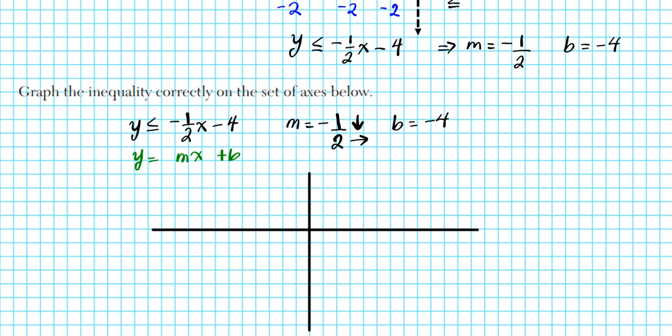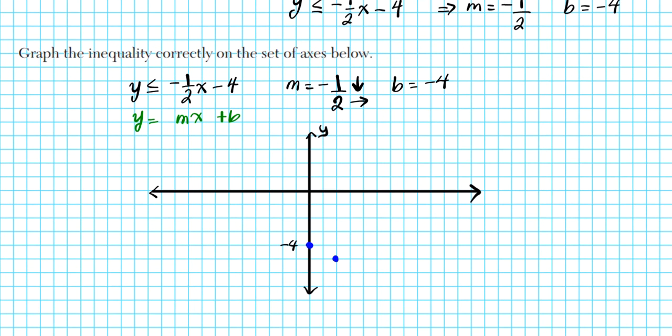So what we're going to graph first is the y-intercept: 1, 2, 3, 4, negative 4. Okay, whenever you're graphing lines or linear inequalities, you always start with the y-intercept, negative 4. We're going to fall 1, 1 unit down, and run 1, 2. That's the second point that defines our linear inequality.